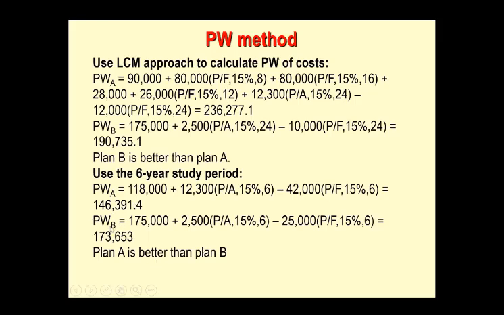And for plan B, we have the initial cost, plus the uniform series present worth of the annual operating cost, and here 25,000, the single payment present worth of the salvage value at the end of the year.